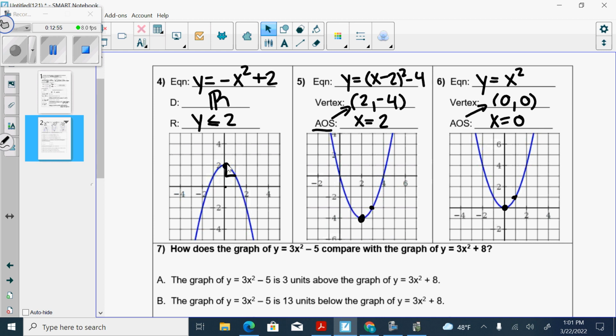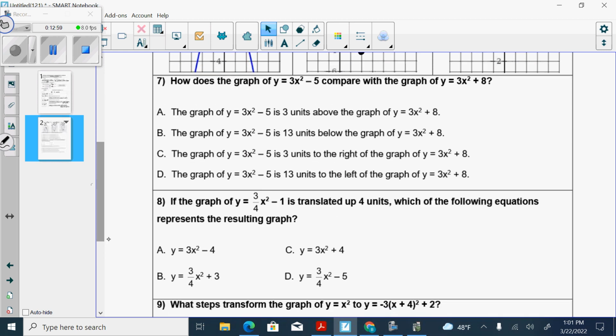All right, now we just got a couple multiple choice questions. All right, number 7 says, how does the graph of 3x squared minus 5 compare to 3x squared plus 8? So what's the only difference between the two? All right, and remember that is determined by up and down, right?